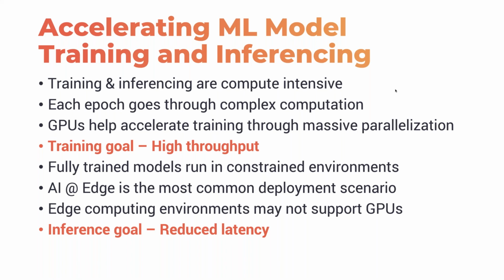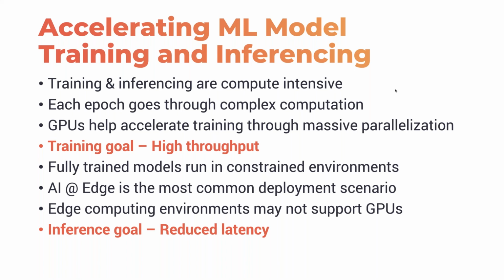Those GPUs are going to accelerate training by enabling massive parallelization, and all the mathematical compute intensive operations are typically delegated to GPUs. That's how GPUs dramatically accelerate the training process when compared to training on plain CPUs. So the goal for training is high throughput.